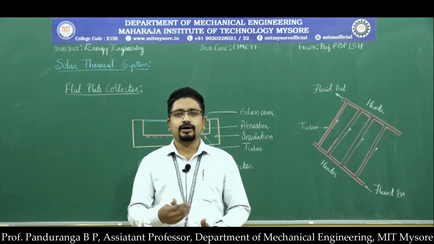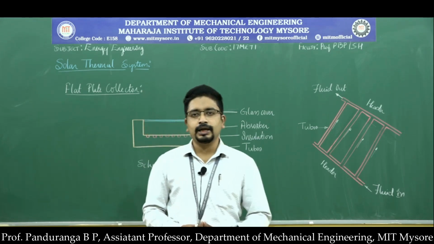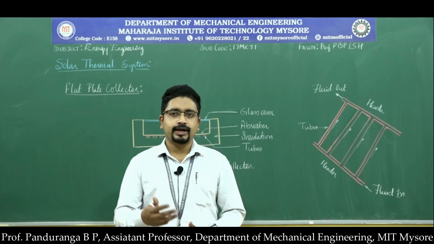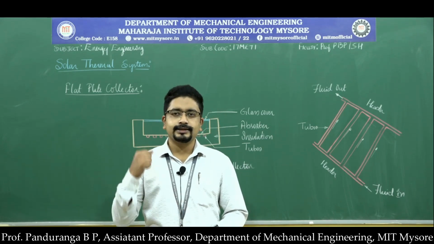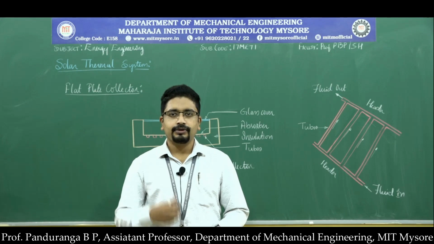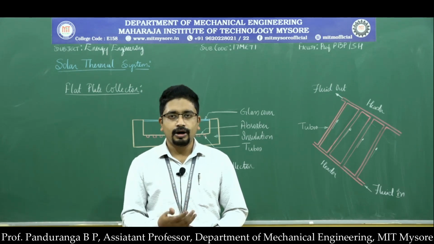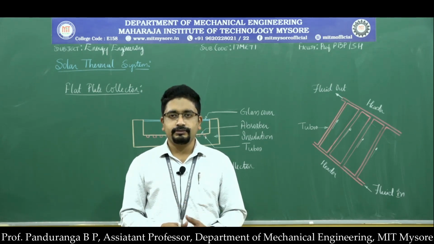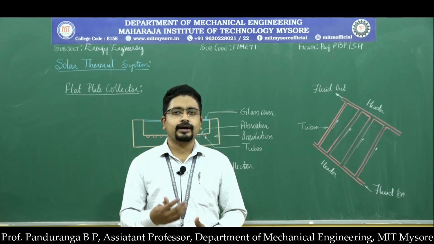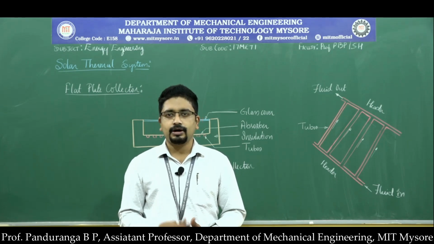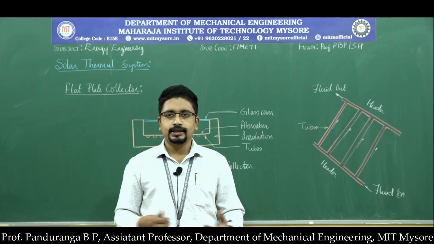So it's not the best way of converting energy. So what we can do is, we can use the heat energy available in the sun. We can heat air. That hot air can be circulated throughout the living space, and we can provide comfortable living temperature or conditions inside the living space. That is one of the applications.